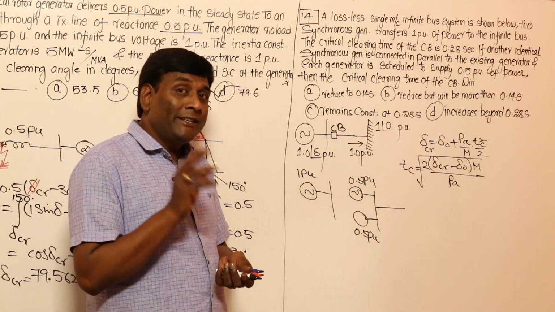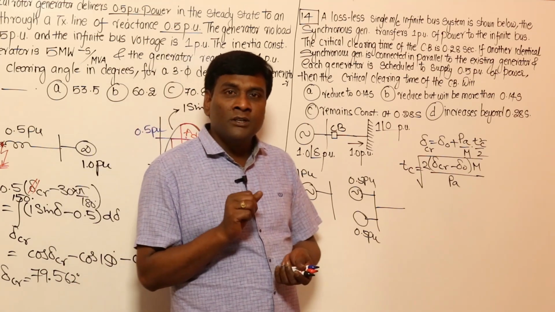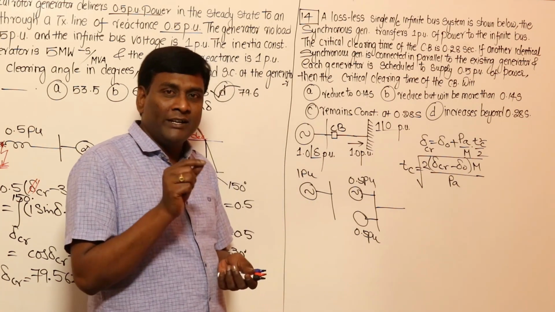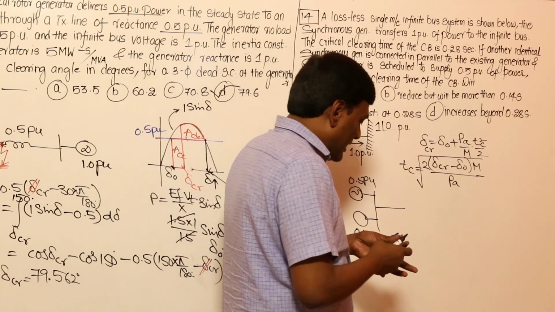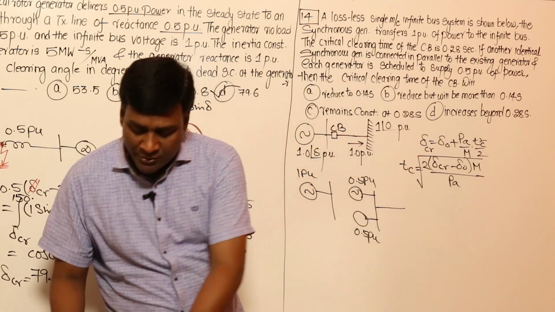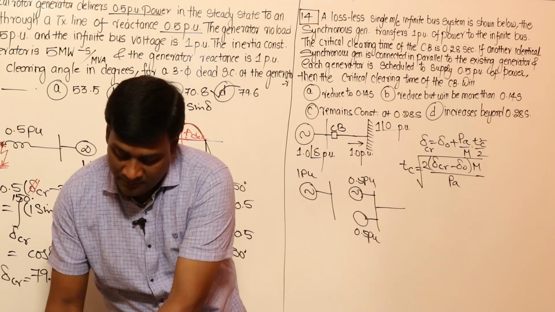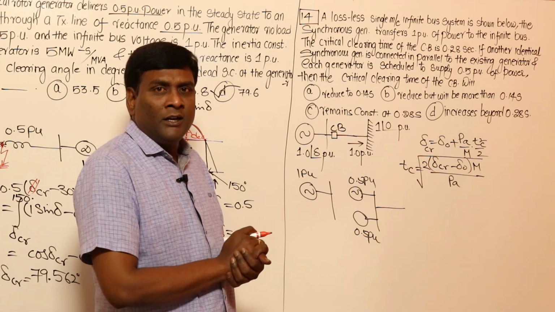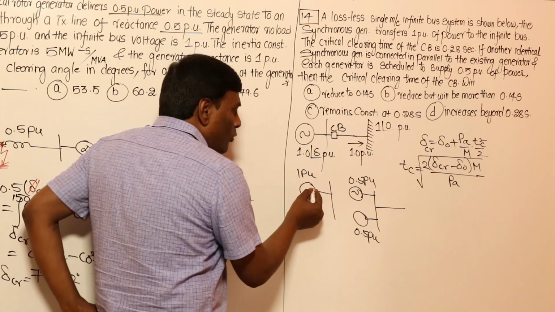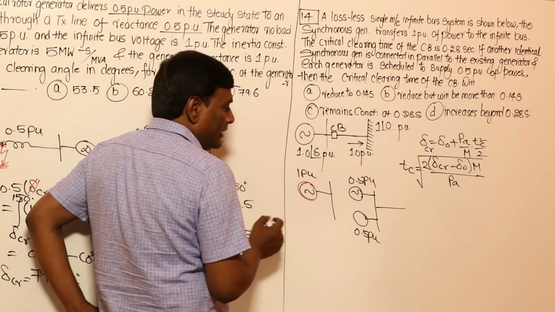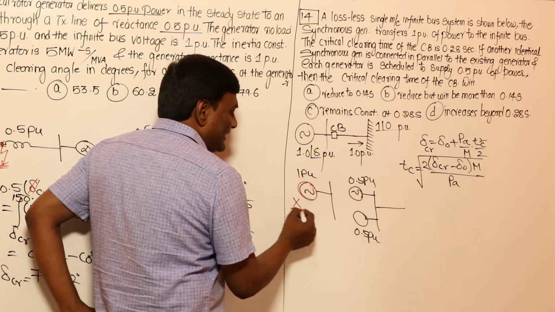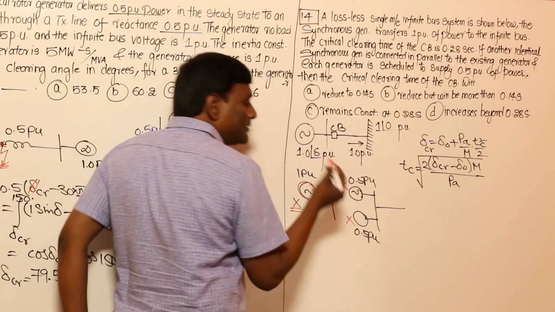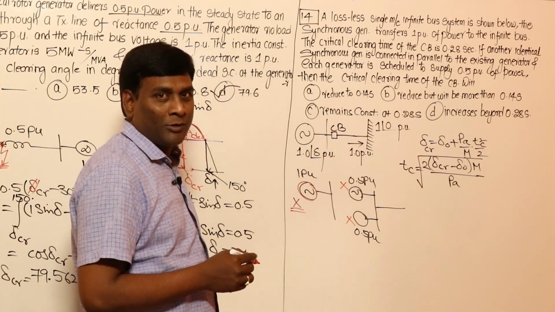Now what about M? Already we have seen coherent systems. In coherent systems, what was M? M equivalent equals M1 plus M2. One thing I have to tell you here, so think properly. If I have some rated machine here, for example an X-rated machine, and here this is also an X-rated machine, getting my point, right?